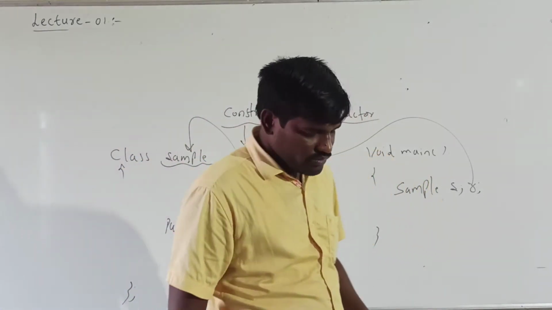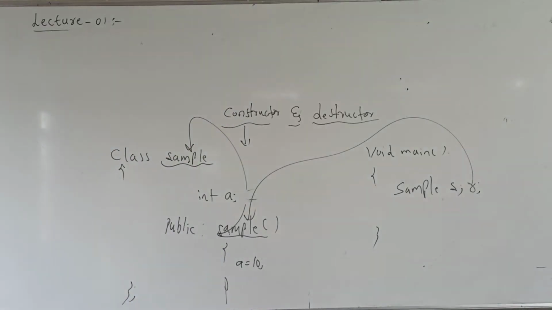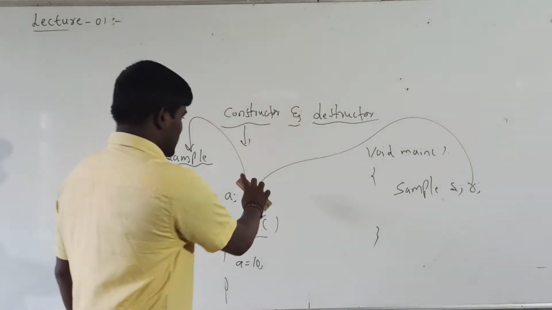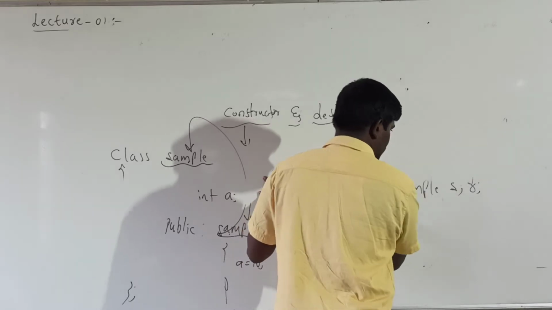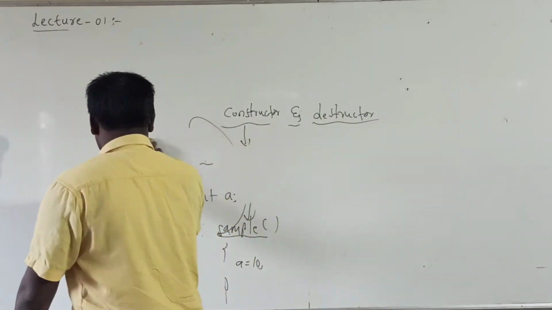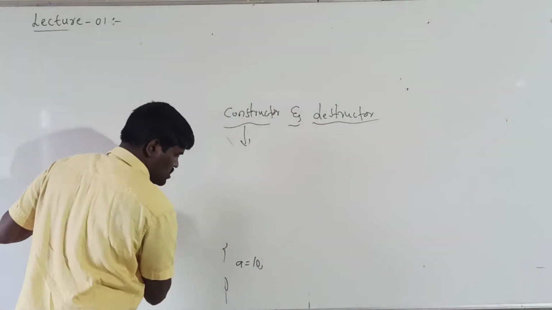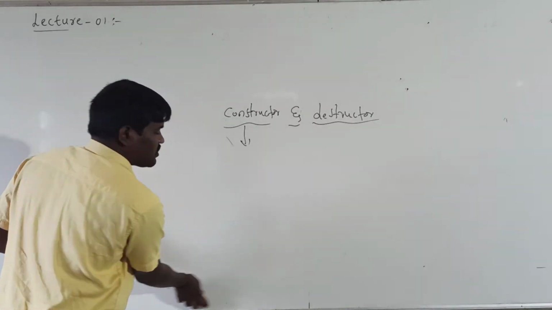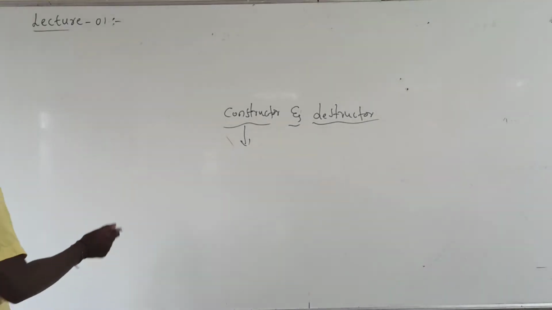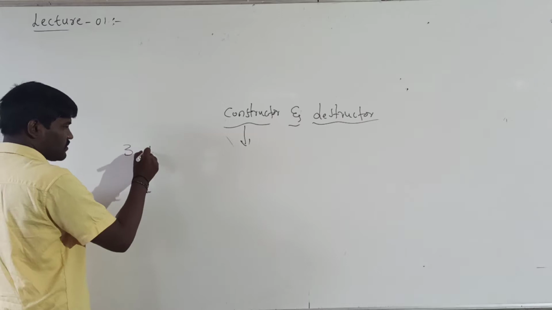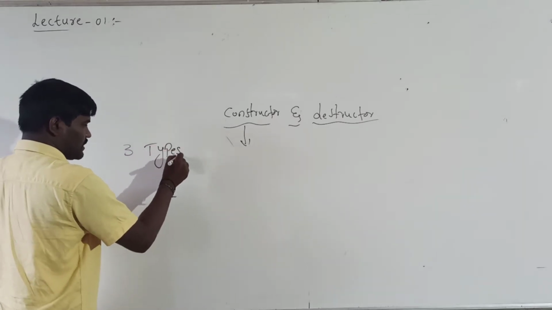Next is types of constructor. There are three types.